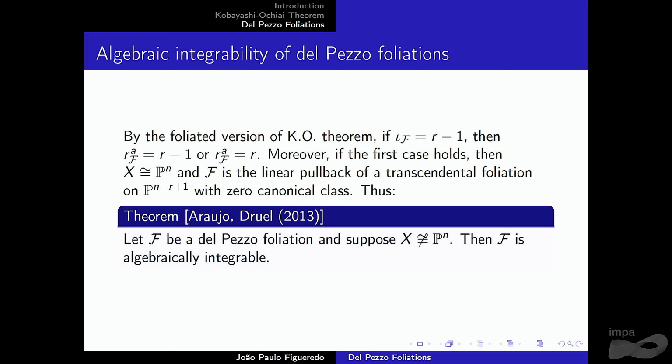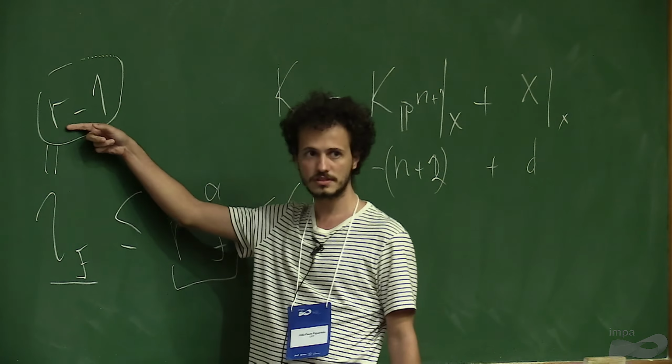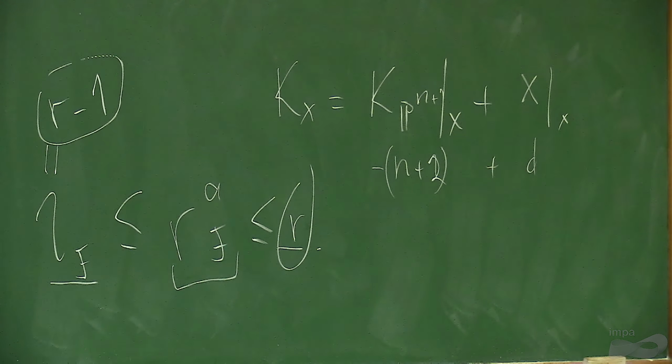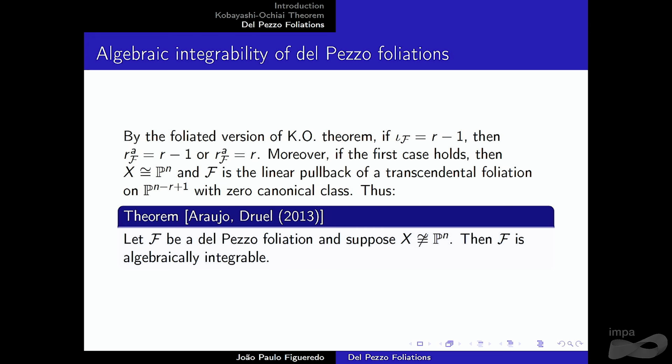If the first case holds, if this is equal to this, that means we have the equality in the Kobayashi-Ochiai. And by the theorem by Araújo-Druel, this will mean that the space is projective space, and F is a linear pullback of a transcendental foliation on Pn minus r plus 1 with zero canonical class. Okay?